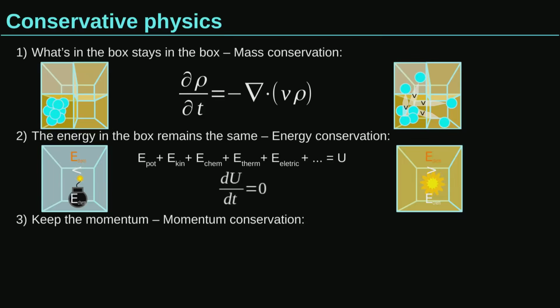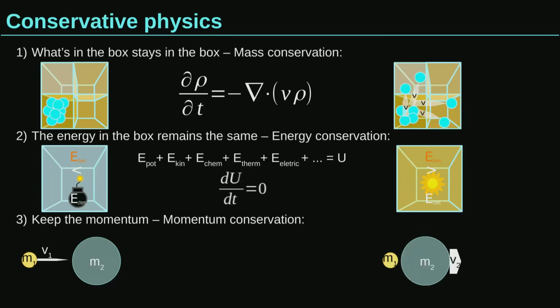And the third thing, I think you all know this: if you have a small mass with a very high velocity in this case, and it bumps into someone very large, what happens? You get a very small velocity in the large body, and the smaller mass stops.